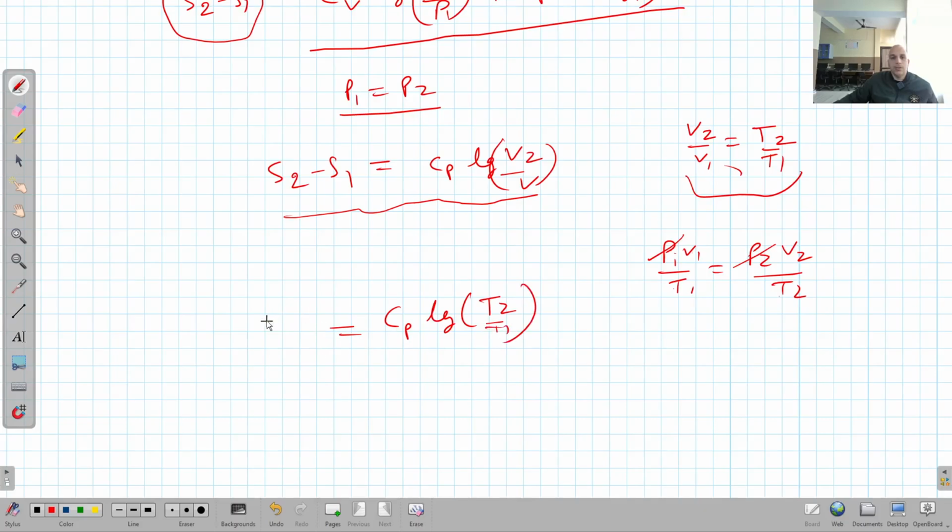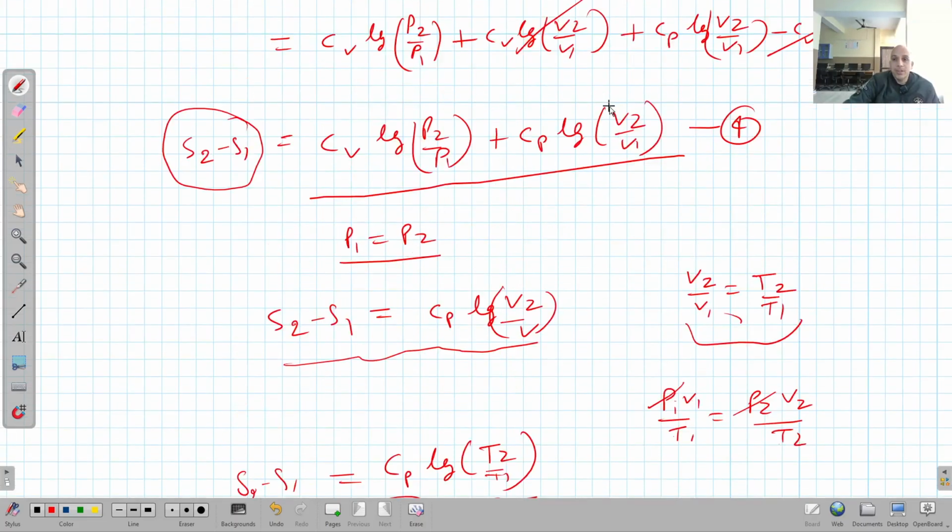So this is now the equation for change in entropy in terms of change in temperature. This is the first situation. By using this equation you can now solve any numerical problem. Similarly, you can have another situation where this process takes place at constant volume, meaning V1 is equal to V2, clear.